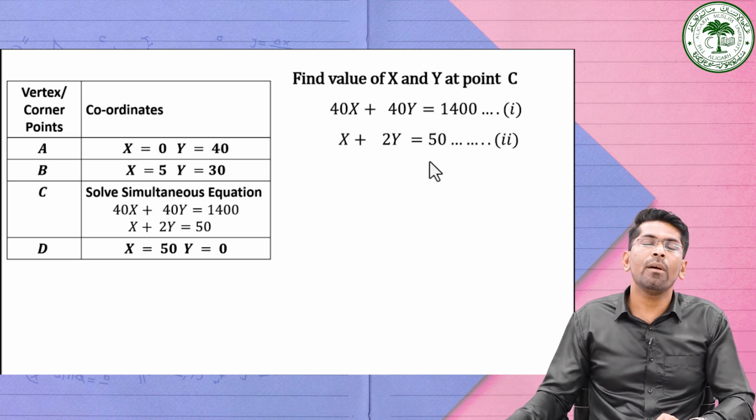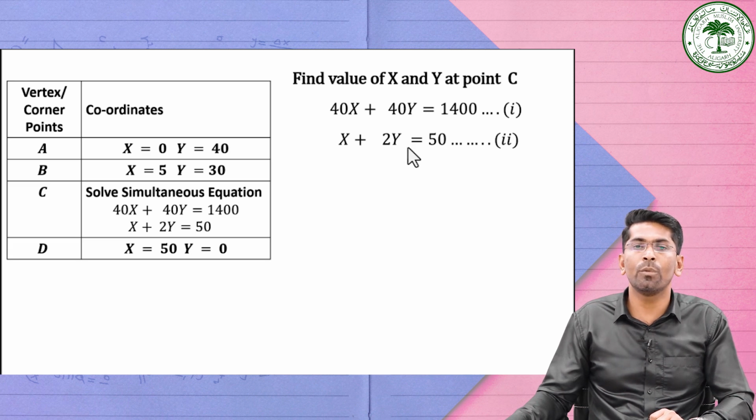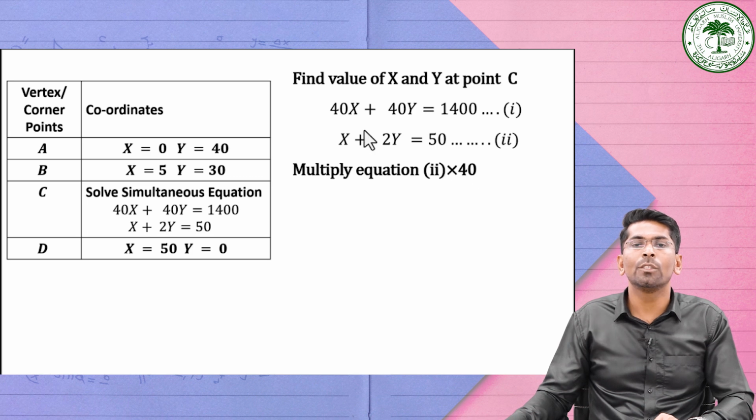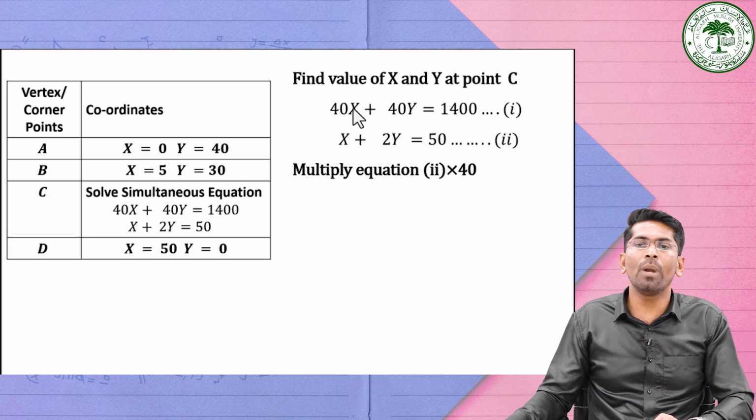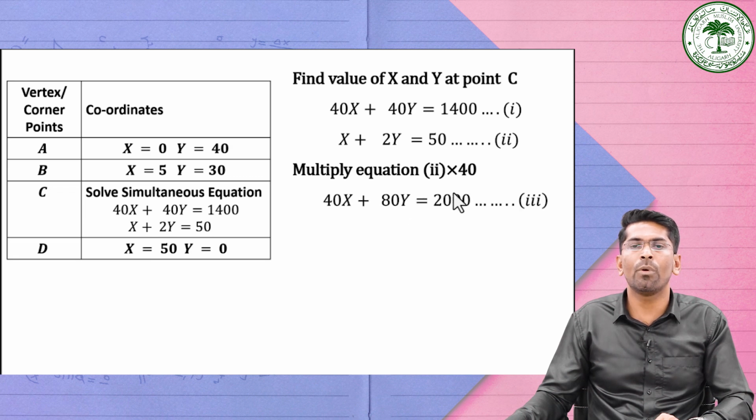Now we are using the elimination method to solve this by multiplying equation number 2 by 40 so that we can eliminate the variable x. Then equation number 2 becomes 40x plus 80y equal to 50 into 40, which is 2000. Now consider equations number 1 and 3.